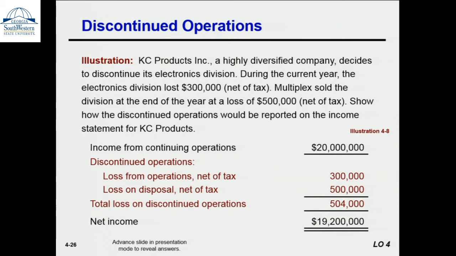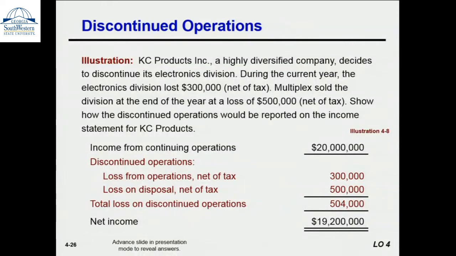Tax is one item on the income statement, right? As a matter of fact, tax is an item that's up here before this discontinued operations. So we calculate tax on the continuing operations and put it up there, but we also show the tax effect of discontinued operations in this section, okay?